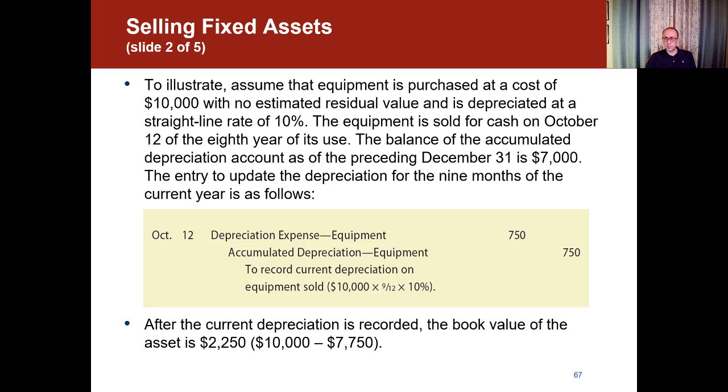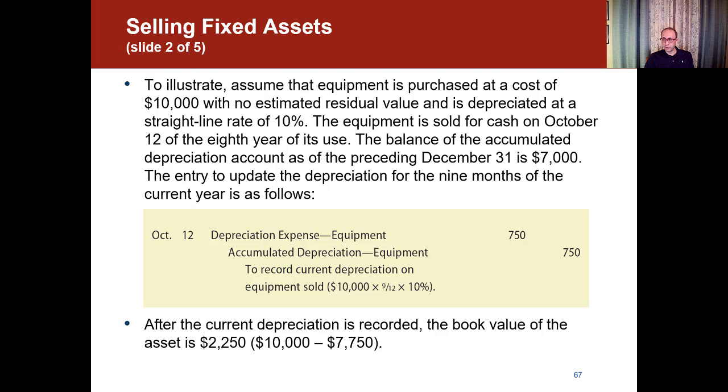Assume that equipment is purchased at a cost of $10,000 with no estimated residual value, and it's depreciated at a straight line rate of 10%. The equipment is sold for cash on October 12th, so since it's before October 15th, we'll assume that this is October 1st, or September 30th. So in other words, we only use it for 9 months during this year.